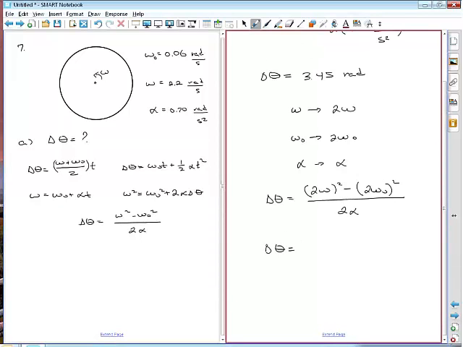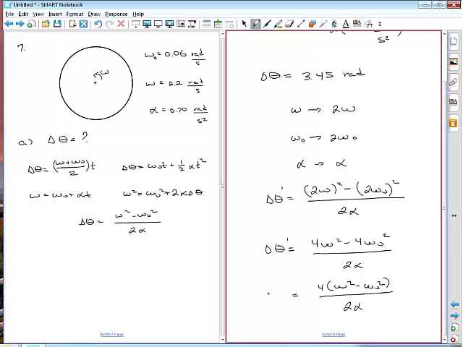And so, since we can multiply this out, we get this, and you can see this is the same as 4 times omega squared minus omega 0 squared, all divided by 2 alpha. And therefore, we'll call this delta theta prime.